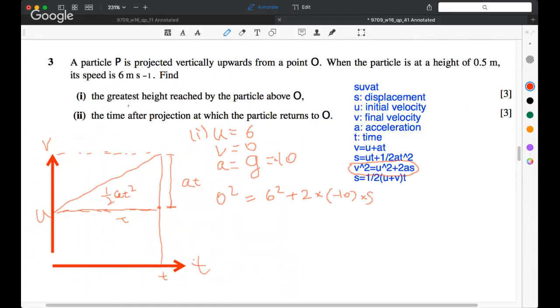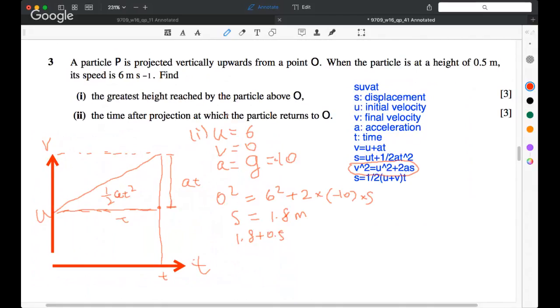Rearranging, we get s equals 1.8 meters. Combining with the 0.5 meters, the greatest height above point O would be 1.8 plus 0.5.